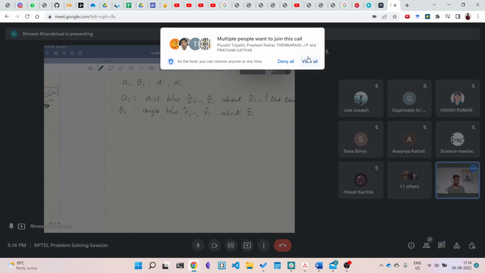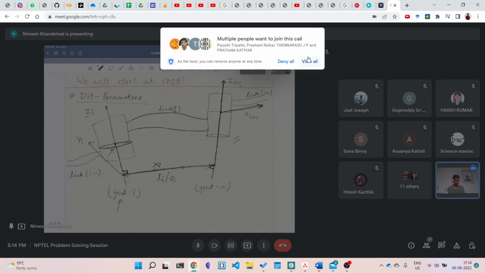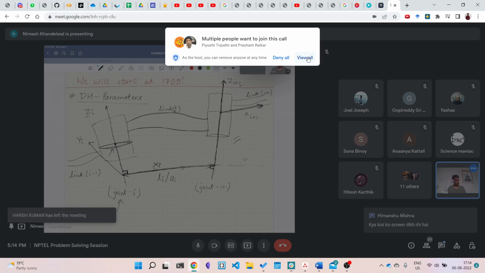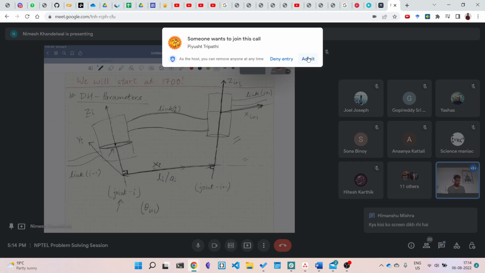Okay, so if I try to see from here in this diagram, then the angle between this x i and this x i plus 1 will be called theta i plus 1. Okay, and it will be measured along z i plus 1.